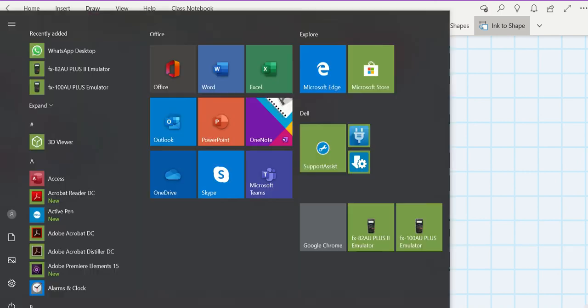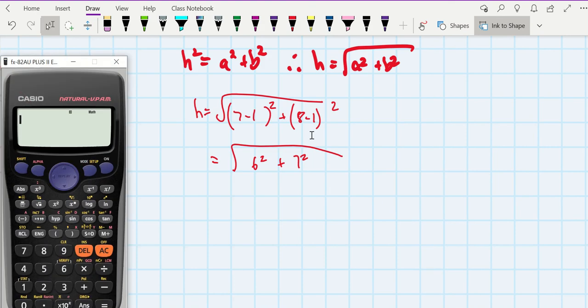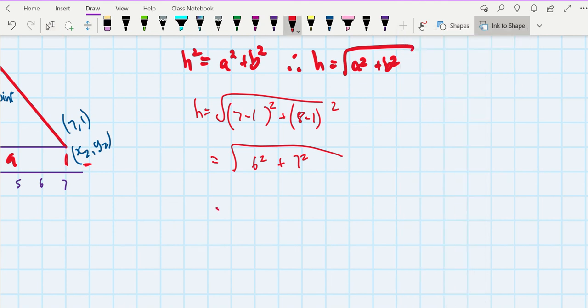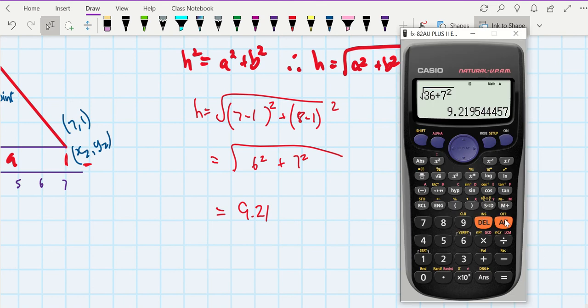But I think I'll just go straight to my calculator and plug this in here. So we want the square root of 6 squared, which is 36, plus 7 squared, which is 49. And that's 9.21. Now I suppose I should just put that whole equation into the calculator to show that it's the same and show you how to do it.